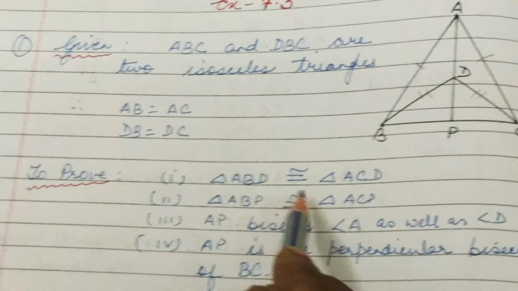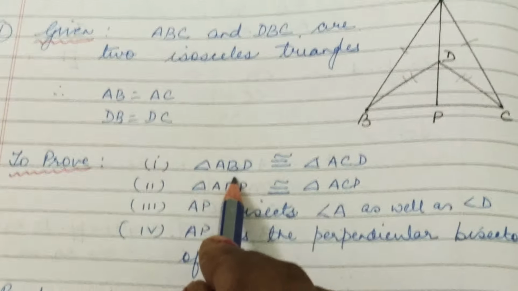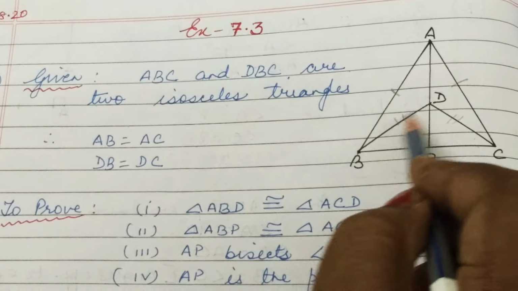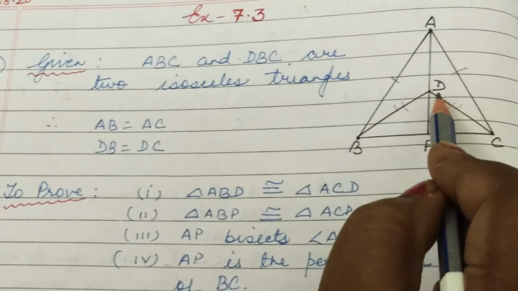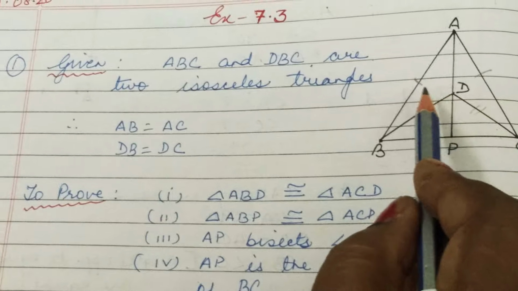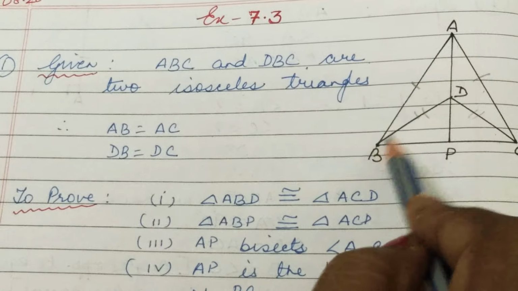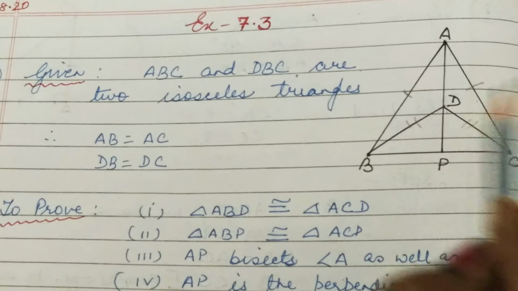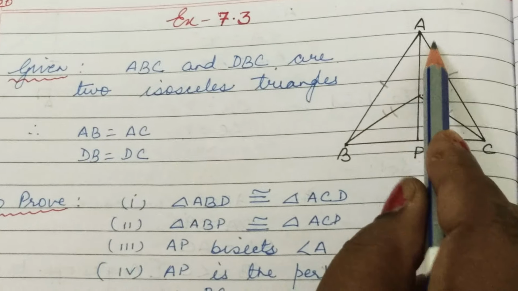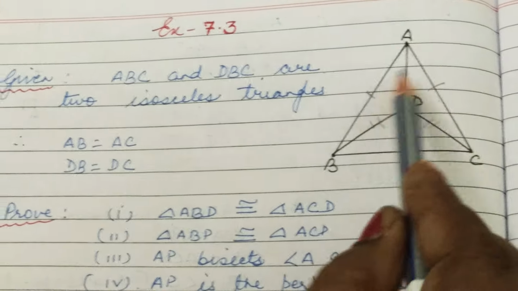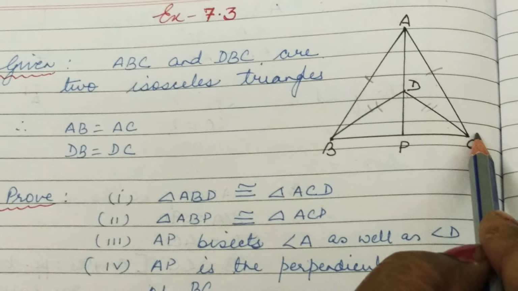Let us prove the first part. We have to prove that triangle ABD is congruent to triangle ACD. For this, let us consider these two triangles. In triangle ABD and triangle ACD, AB equals AC, given because ABC is an isosceles triangle.